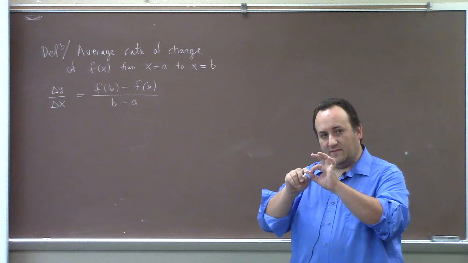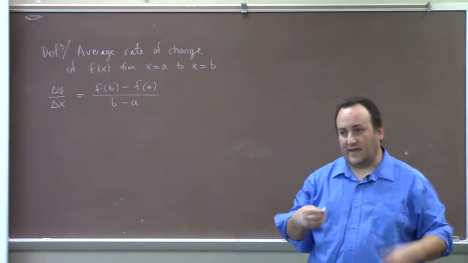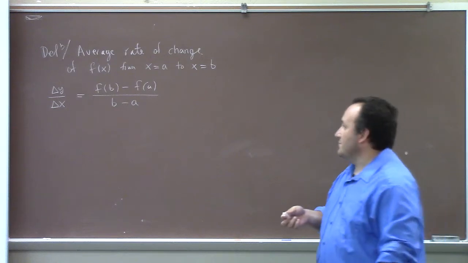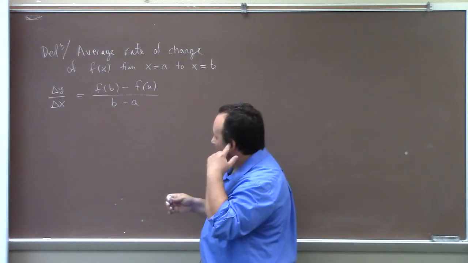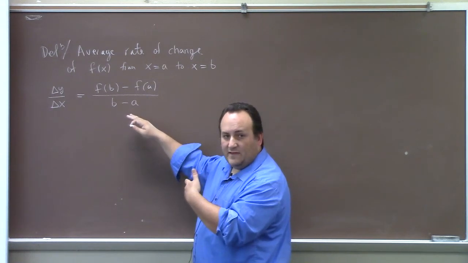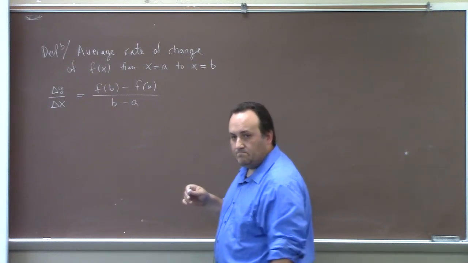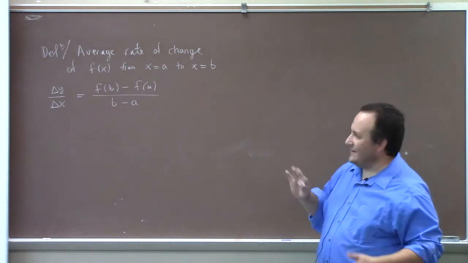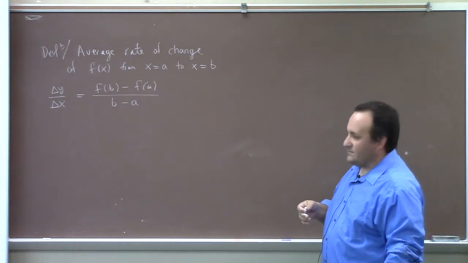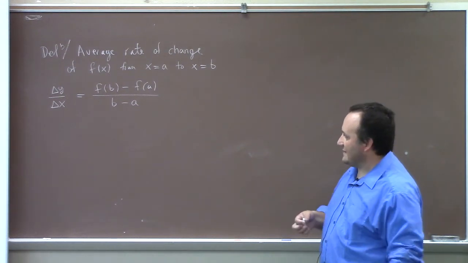So it's the difference of the y values divided by the difference of the x values that gives us the average rate of change of the function from a to b. I said that's like what we did last time because last time we did a difference quotient simplification, right? It was kind of the same algebra, same pattern, isn't it? Not exactly, because I did the x plus h in there, right? Fair enough. It's not exactly what I did last time.